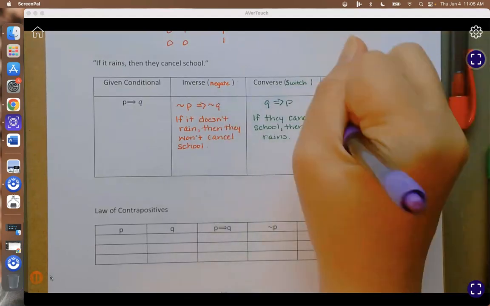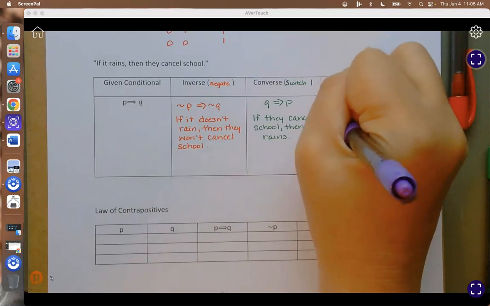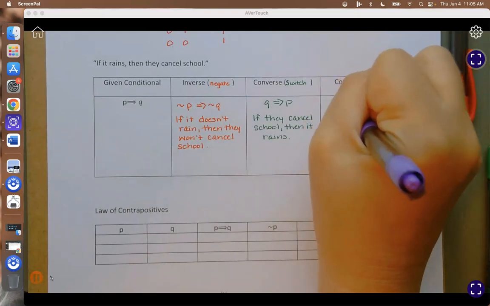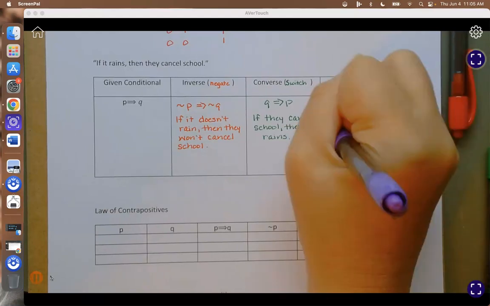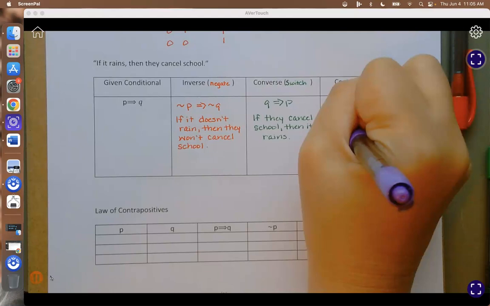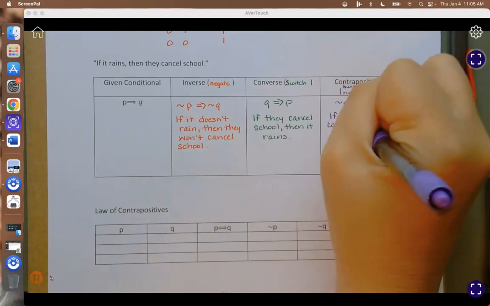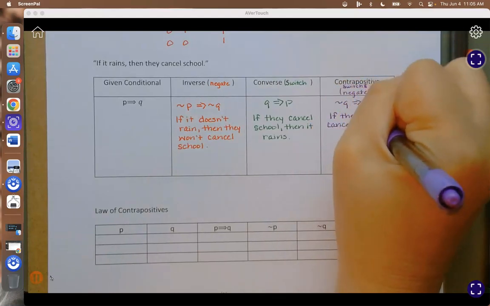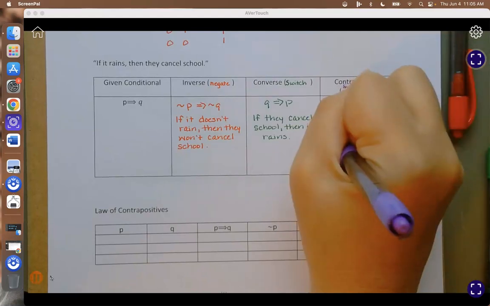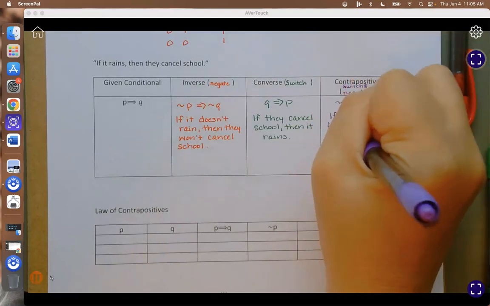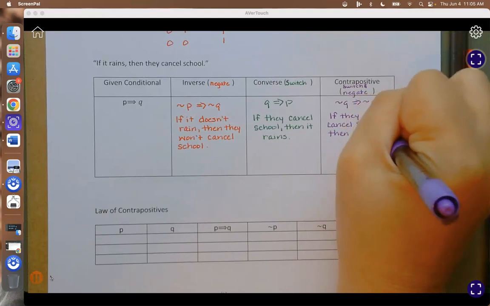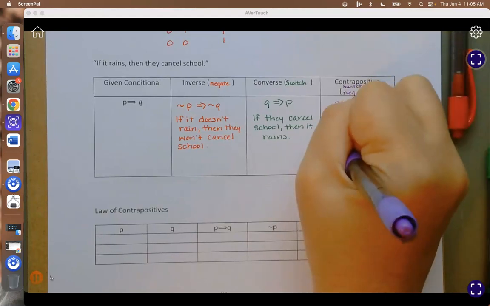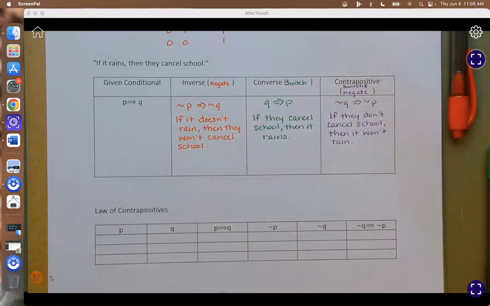So you're going to say, if they don't cancel school, then it won't rain. Okay?